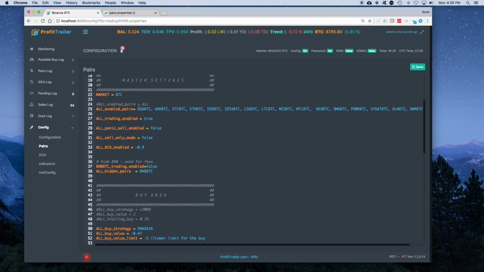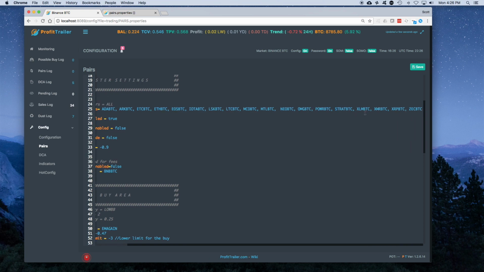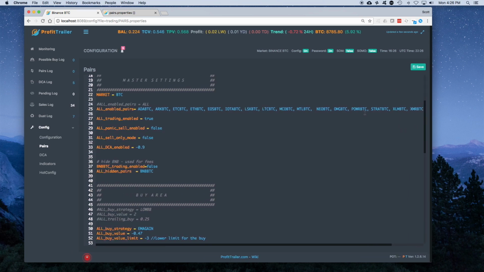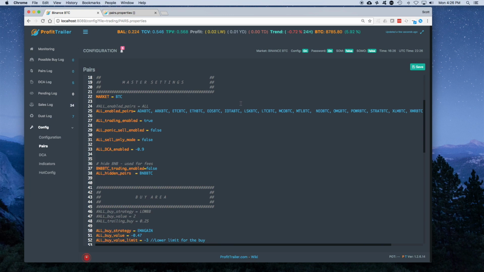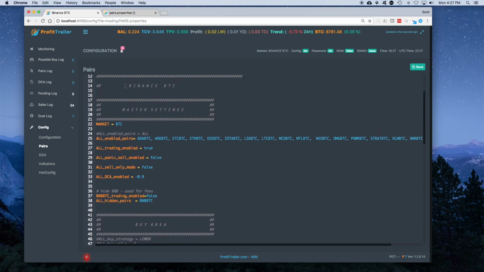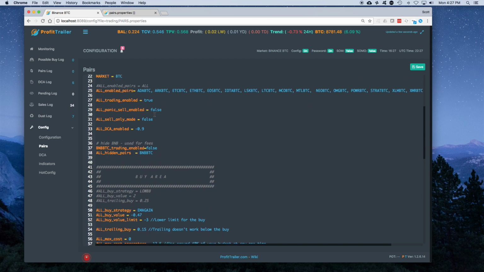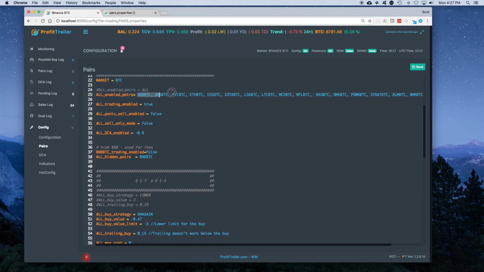You can see that I've got a list of about 12 to 15 pairs here, and these are the ones that I've researched and have in as my trading pairs. So instead of saying all enabled pairs equals all, I have it listed for the coins that I'm using, and you can tell by the way that these are structured that this is Binance, because each exchange is different.